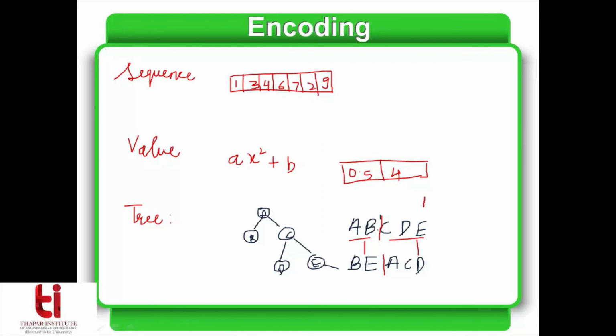So my one offspring is going to be A, B, A, C, D, and my next offspring is going to be B, E, C, D, E. So I could perform the crossover operation very easily.